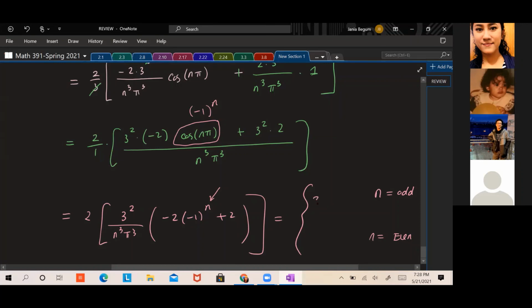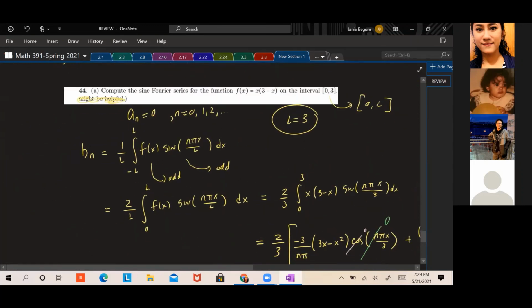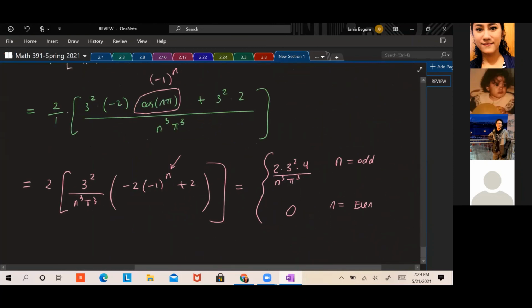So we have 2 times 3 squared times 4 over n cubed pi cubed when n is odd. Now what if n is even? It's 0. So our coefficient bn is going to be just that number for every odd integer n.